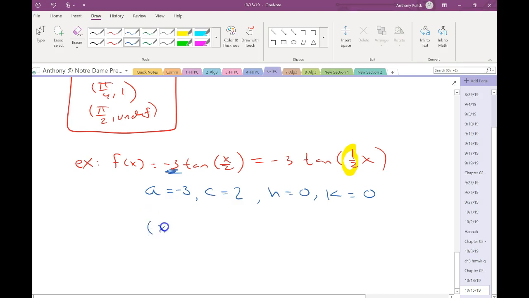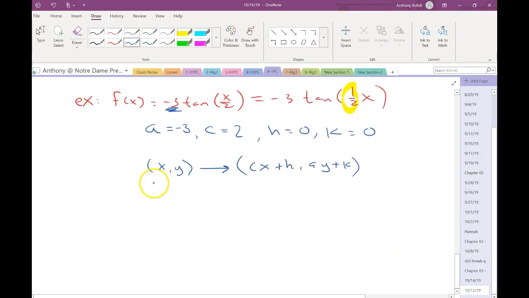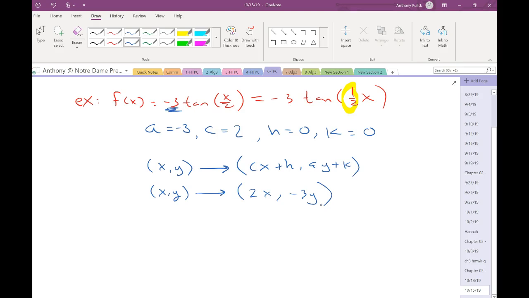So just like before, I'm going to write my transformation map. The way we do that is we write cx plus h, ay plus k. Should you have that memorized? Yes. And I'm not going to write the plus zeros. Is everybody okay with me not writing the plus zeros? I hope so.